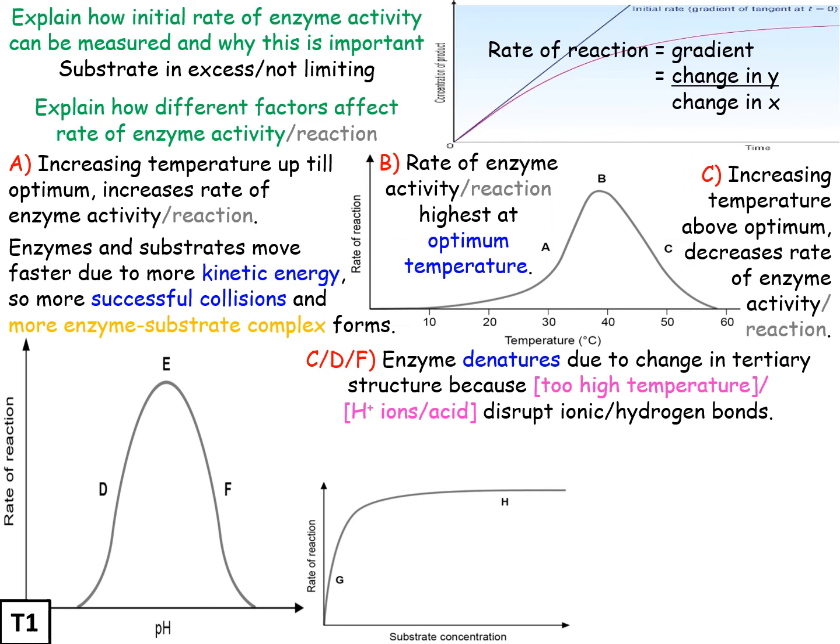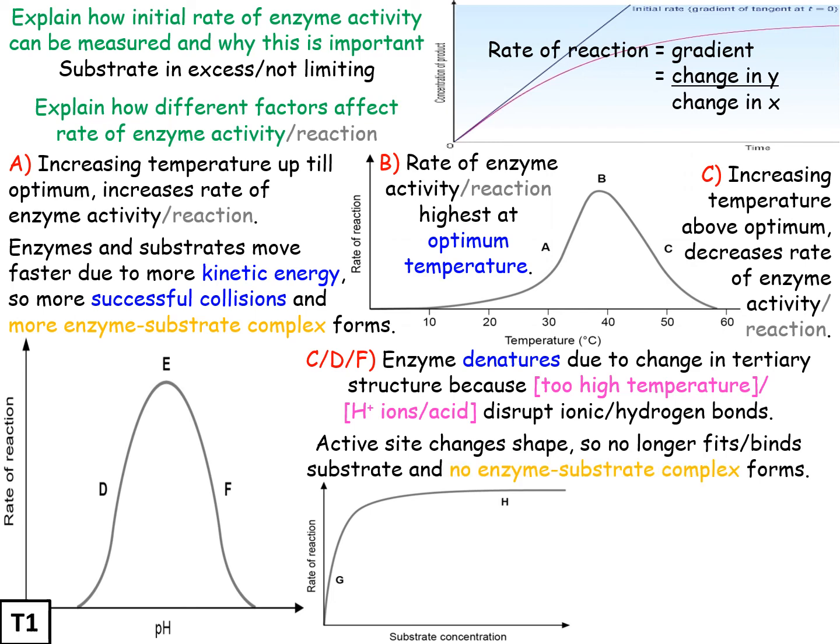And this causes a disruption in the ionic or hydrogen bonds of the enzyme active site. And when that happens, the active site changes shape, so no longer fits or binds to the substrate, and therefore you have no enzyme substrate complex forming, thus decreasing the rate of enzyme activity when you increase the temperature above the optimum.